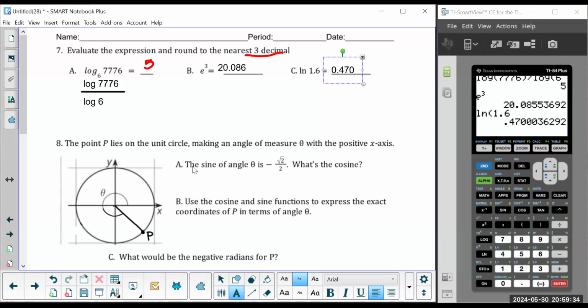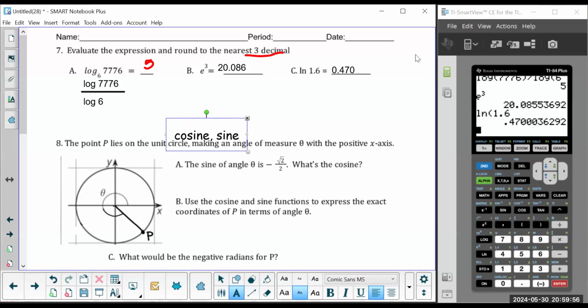So remember that the sine of an angle theta is negative square root of 2 over 2. The sine is the second one. So this is where you need to remember that it goes cosine and then sine. So cosine is the first one, and it's looking for negative square root of 2 over 2, and it's looking somewhere down here, because it's talking about point P in the 4th quadrant.